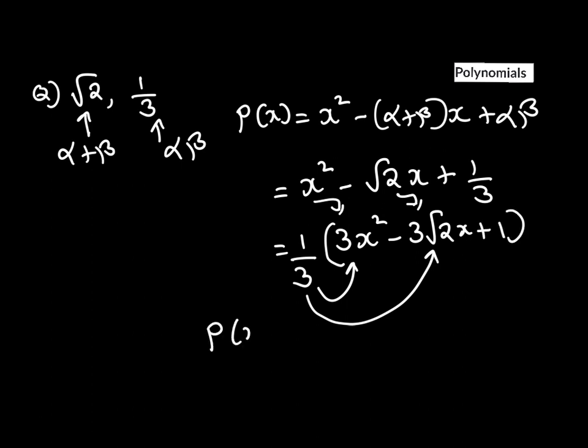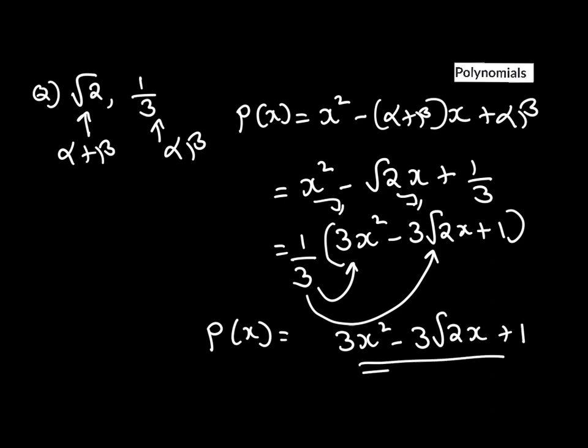So p of x, the polynomial, is 3x squared minus 3 root 2 x plus 1 for the given sum of zeros and the product of zeros.